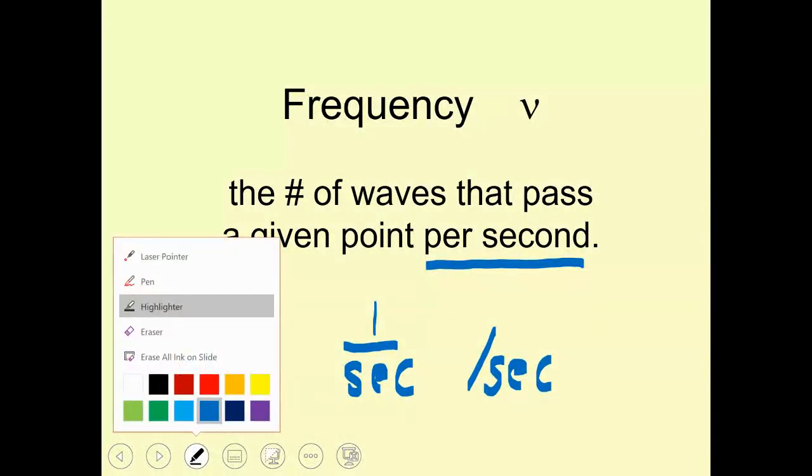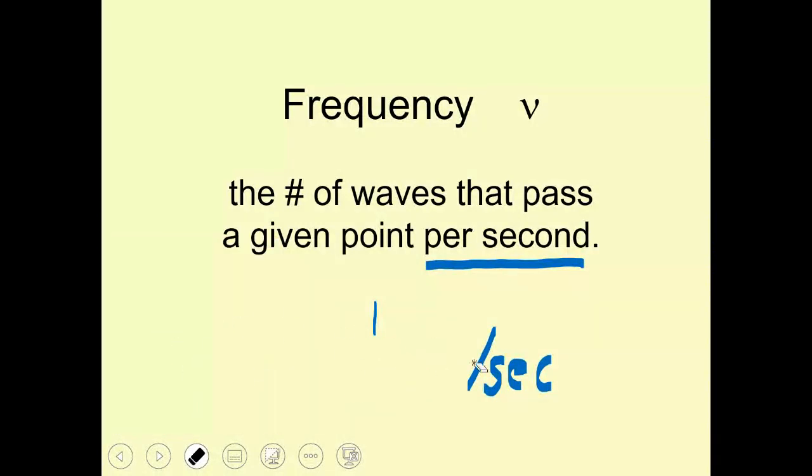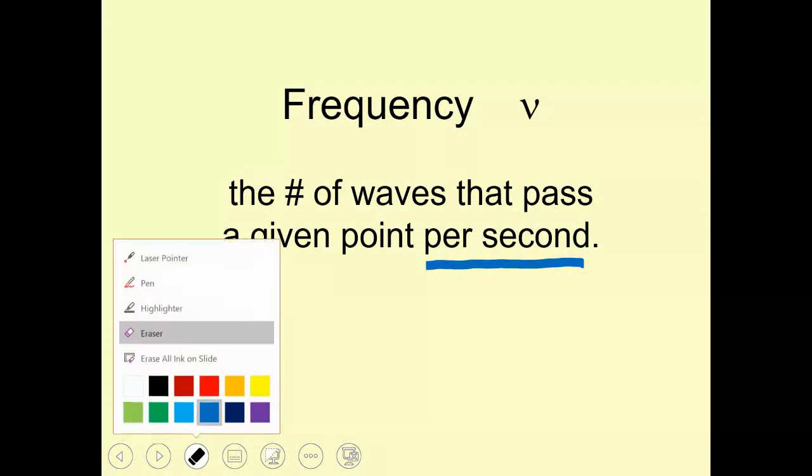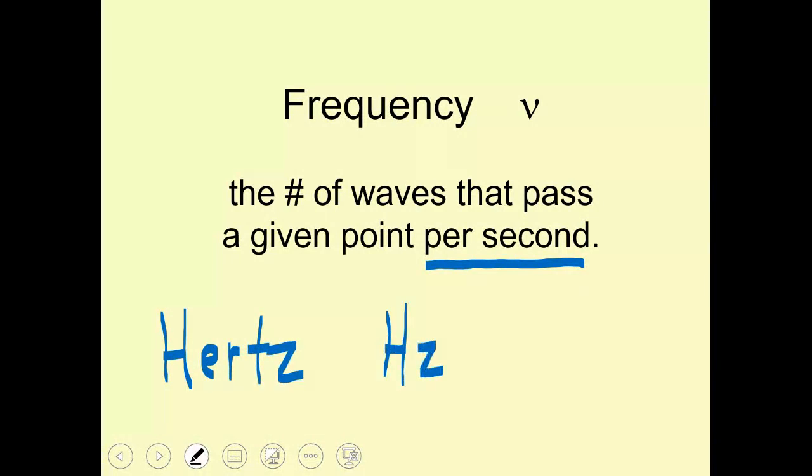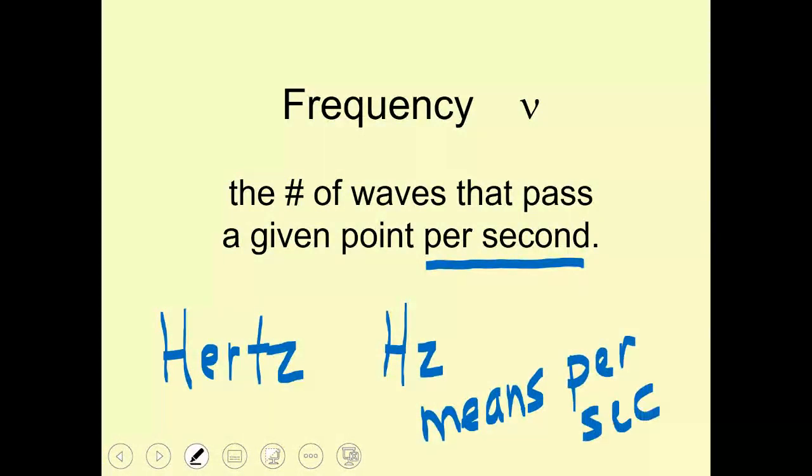And so instead of using all of these, we use the unit known as a hertz, not the rental car, but spelled the same way. The abbreviation for it is Hz, and it basically means per second. So for example, if we say that the frequency is 3000 hertz, that means there are 3000 waves passing per second.